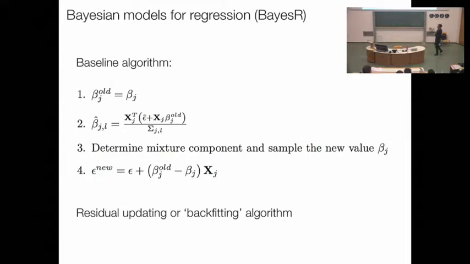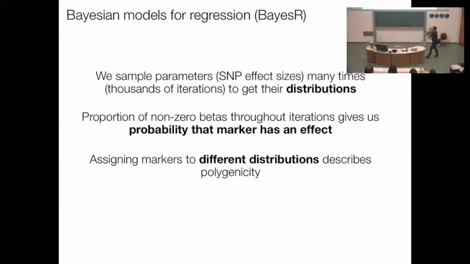And the way in which we've set it up is very nice because it facilitates us to split the information, so to parallelize the Gibbs sampler, as I'll explain in a minute. So it allows coordinate updating, and we can pass this information, as I'll talk about in a minute. But the general take-home message, if none of that made any sense, is that we sample the parameters, the SNP effect sizes, thousands of times, tens of thousands of times, to get their distributions.